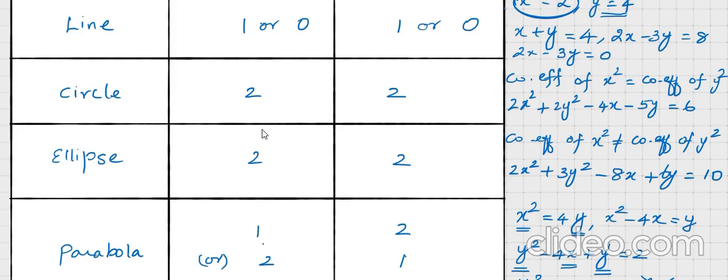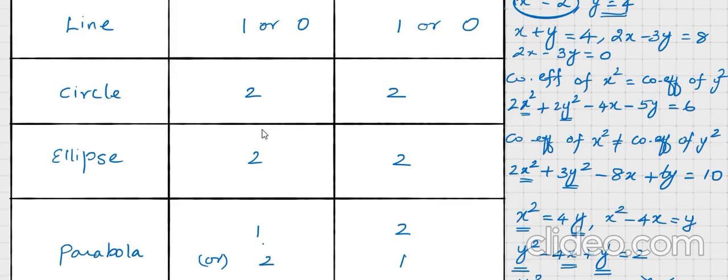Why? As I told, for degree concerned, it is very, very simple. The highest power of a variable is what? The degree. So here the highest power of x is 2, as well as the highest power of y is 2. Similarly, here also the highest power of x is 2 and the highest power of y is also 2.